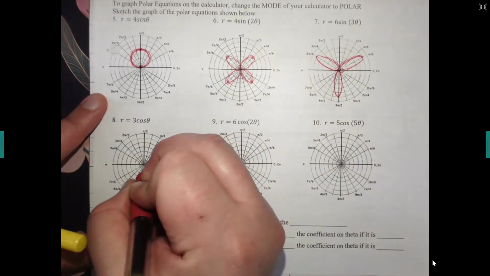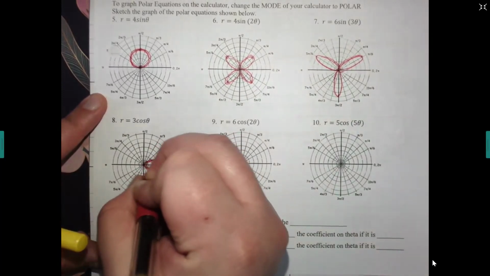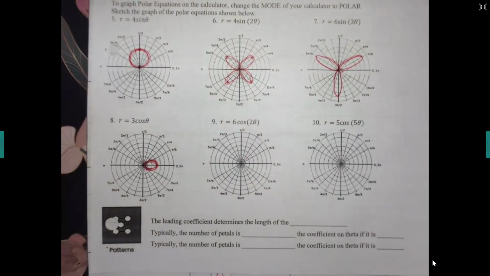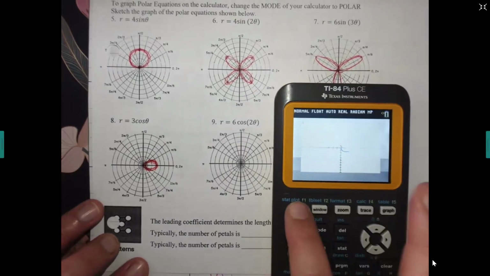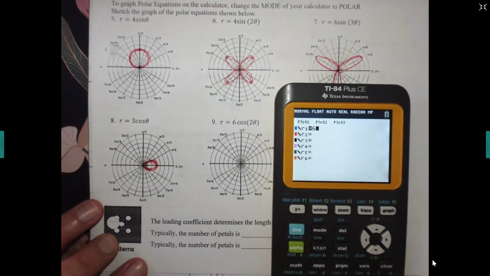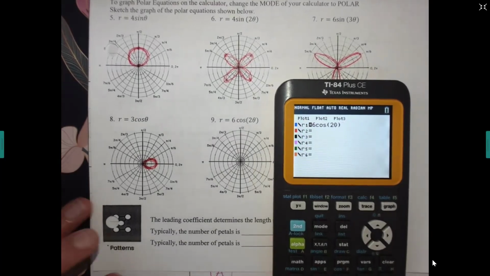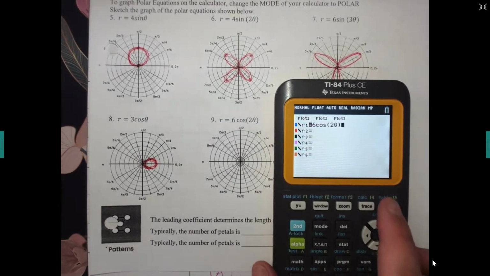With the orientation of my petal. Rather than it being an up and down petal like the sine one, do you see how for cosine, the petal stretches along the x-axis? Okay, go ahead and type in the next one. So now we want 6 cosine 2x. We're expecting petals to be a length of 6.